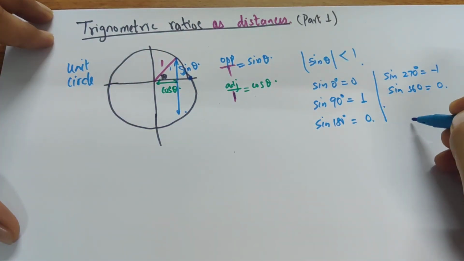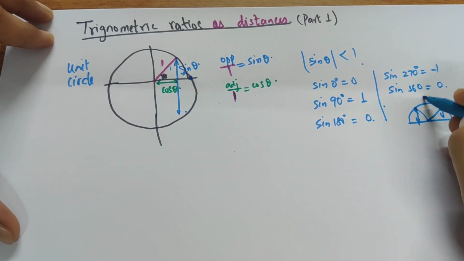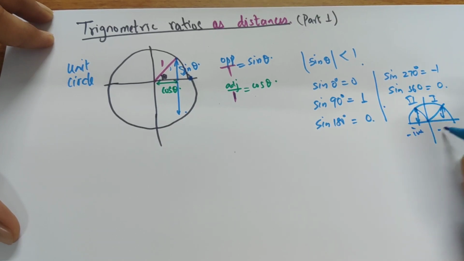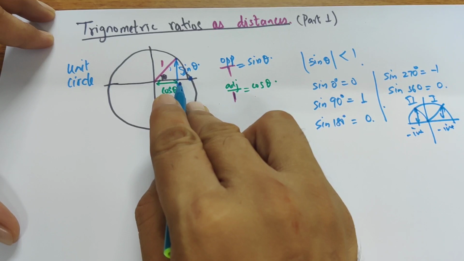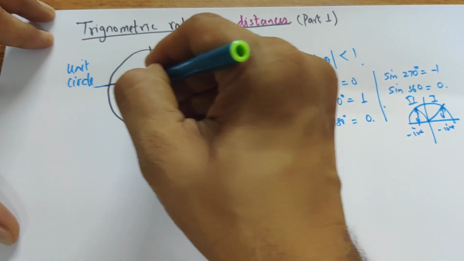The other thing you can see very easily is that the height is positive in the first two quadrants. So basically sine is positive here because it's the height. So sine is positive in quadrants 1 and 2 and negative in the other quadrants. You can just see it with the height, what is happening to the height. The height is positive. Positive means above the x-axis.